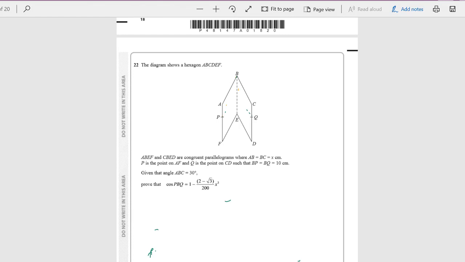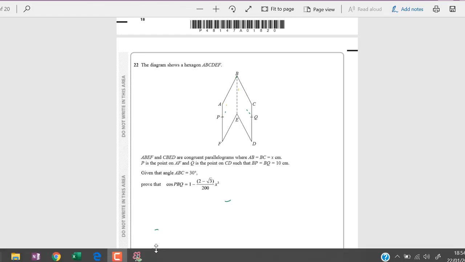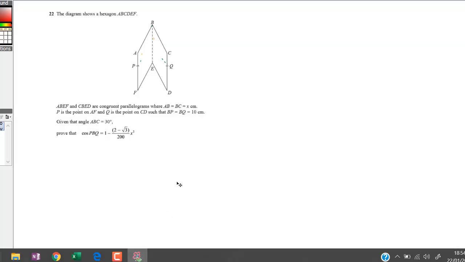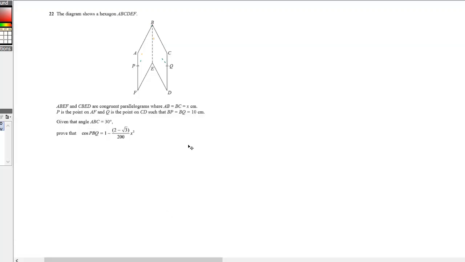Okay, question 22. So since the working out for this question is slightly longer than usual, I will do it on a different software. So question 22, it says the diagram shows a hexagon A, B, C, D, E, F, and you have it here. It shows that A, B, E, F and C, B, E, D are congruent parallelograms.